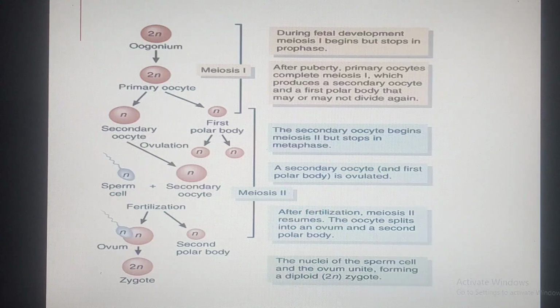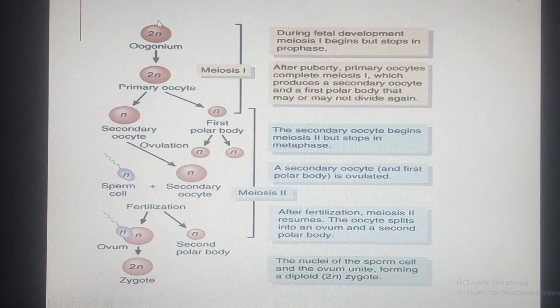When they move into the ovaries, they differentiate into a diploid cell which we call the oogonium. So the oogonium is more or less like the stem cell of the functional gametes of the female. Now this oogonium will go through some mitotic divisions.